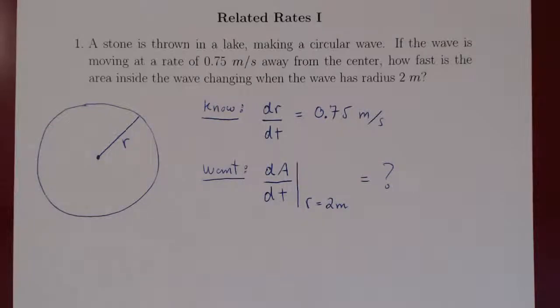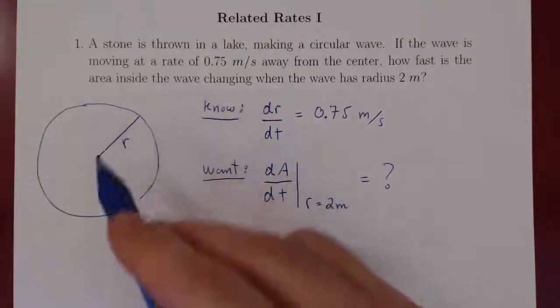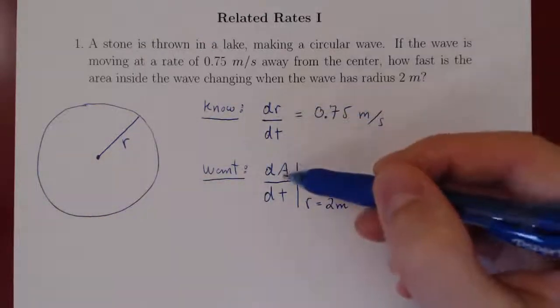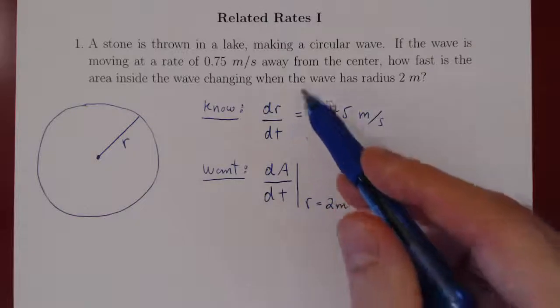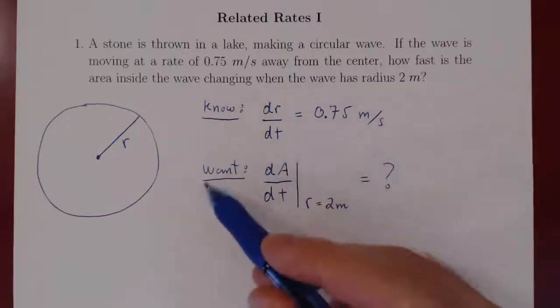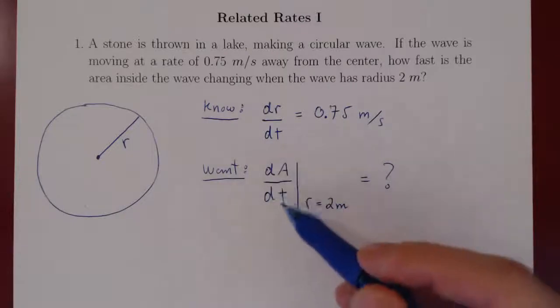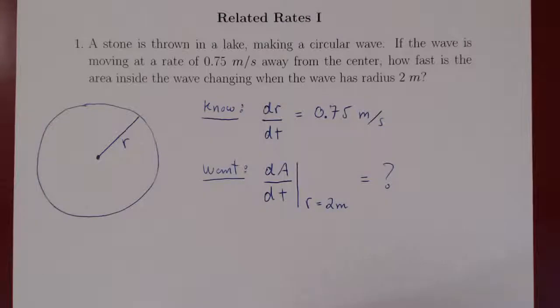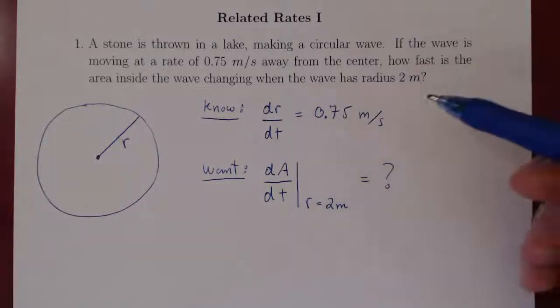And that's always the first part of any related rate problem. Visualize the situation. If something is changing, give it a variable name, radius, area. Write down what you know in terms of the rate of change of certain variables. Write down what you want, using proper derivative notation. Now, where do we go from here?